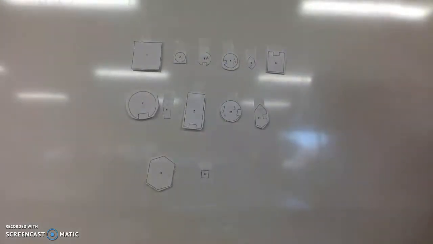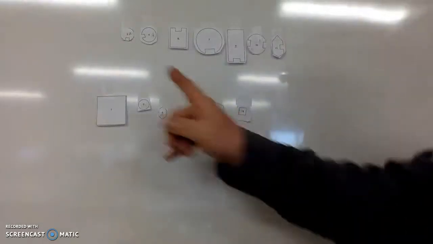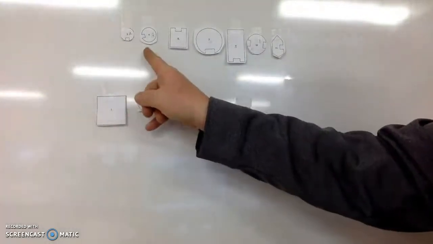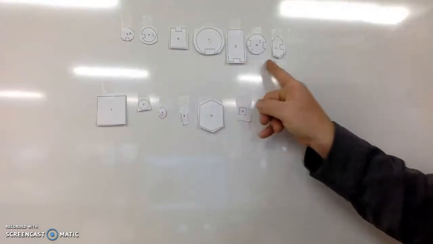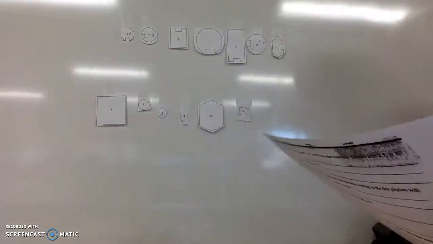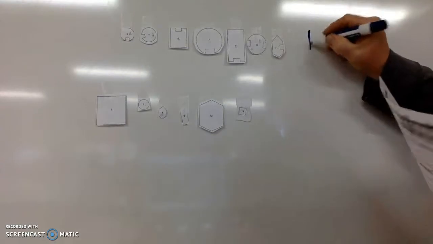First of all, we have shapes number 3, 4, 6, 7, 9, 10, and 11. This will represent your first group or your first kingdom.